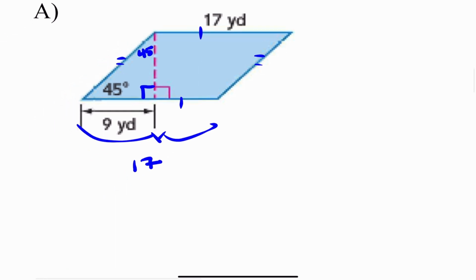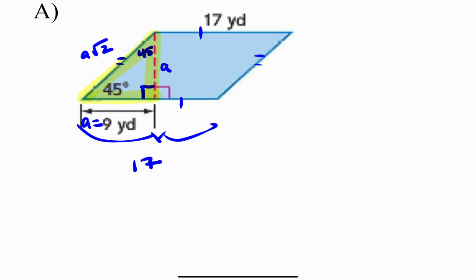So then, since I'm only looking at this right triangle now, I can set 9 equals A, and I can set that side to A as well. And then across from 90 degrees, this is going to be A root 2.